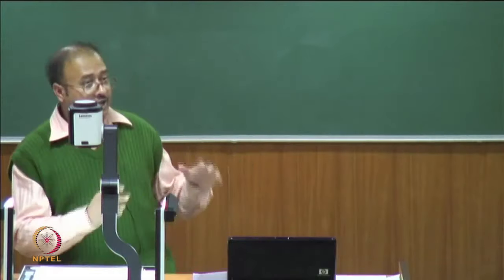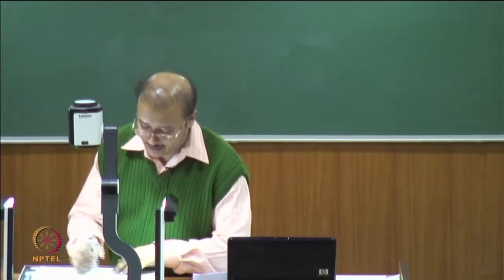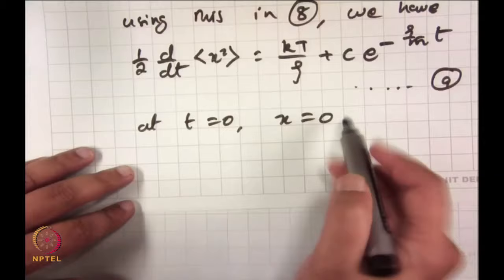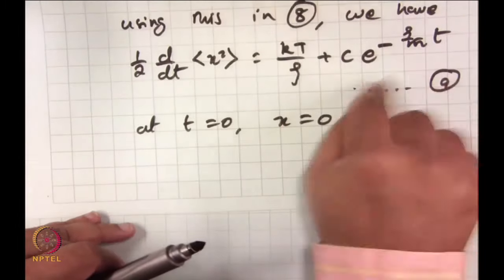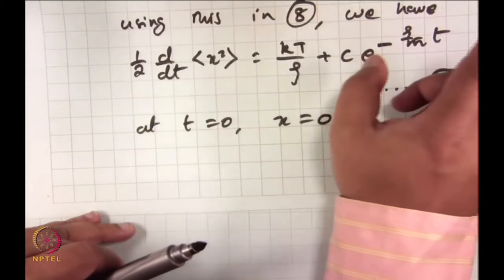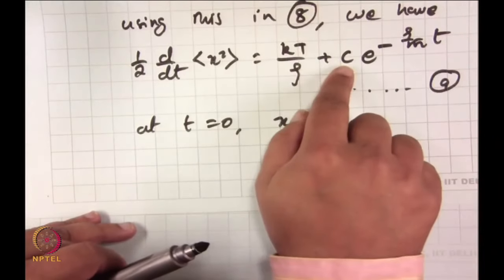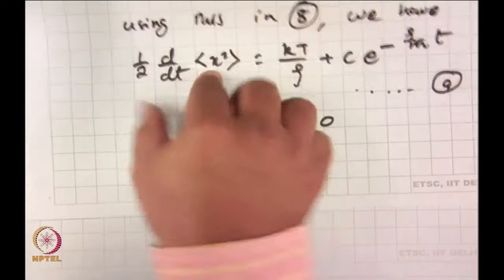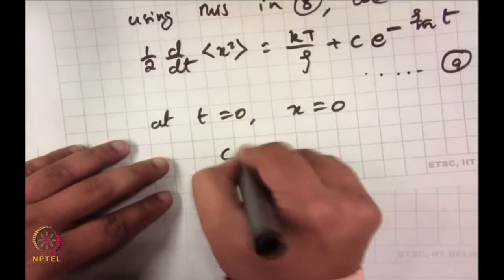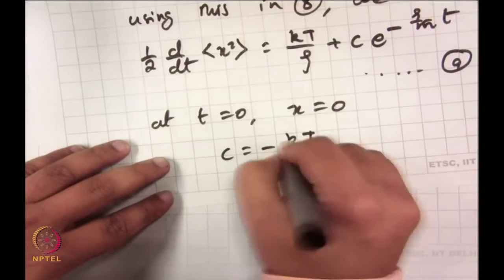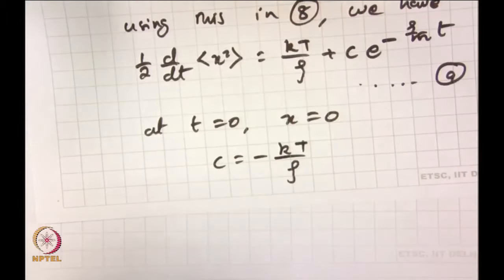So, if x is 0 at t equal to 0, this one goes to what? This exponential factor at t equal to 0 goes to 1. So, I am left with c, x is 0, so on this side we have 0. So, then c would be equal to minus kt over xi.